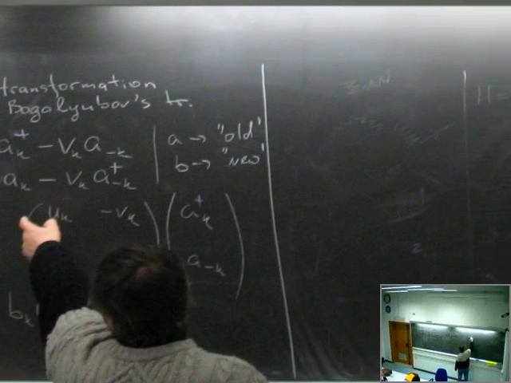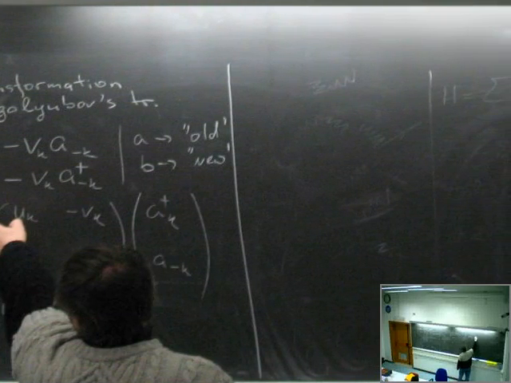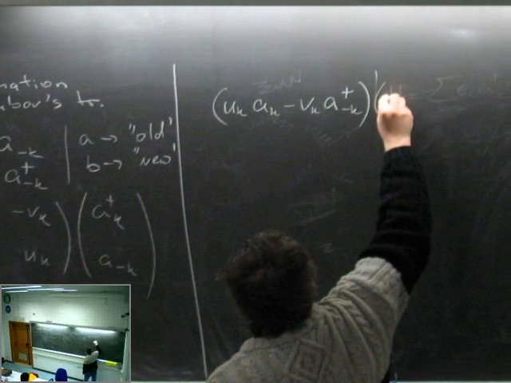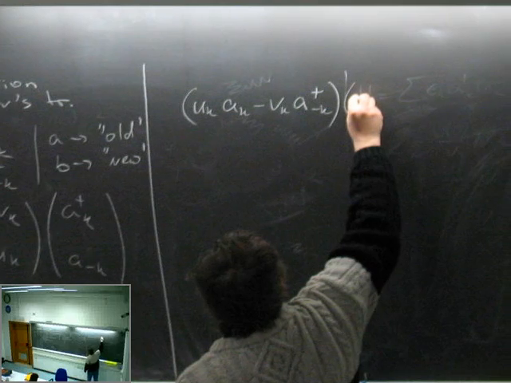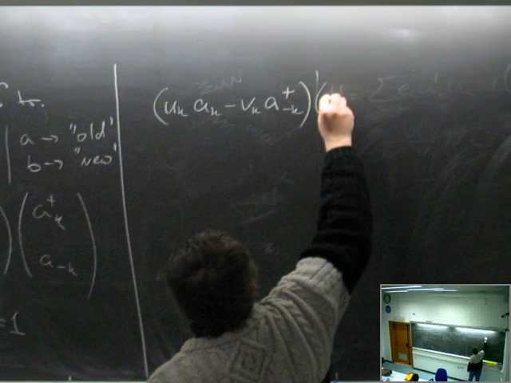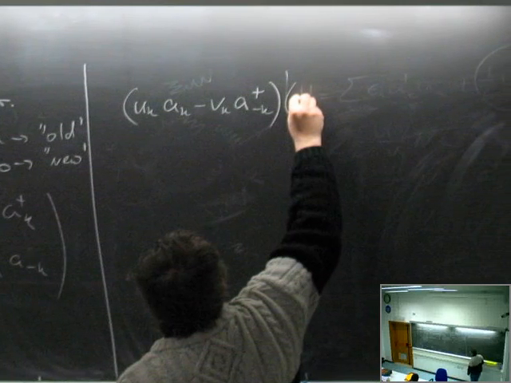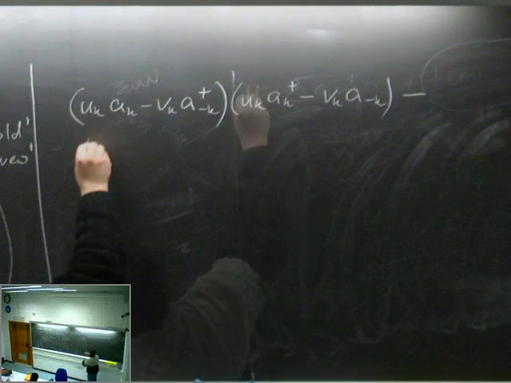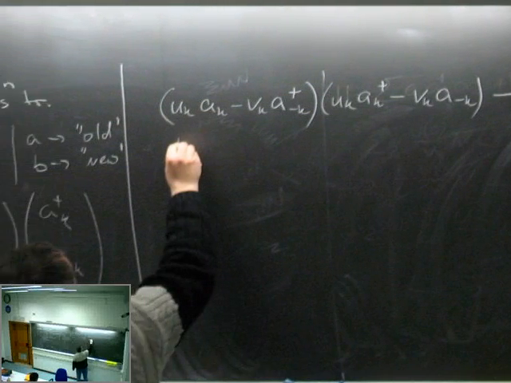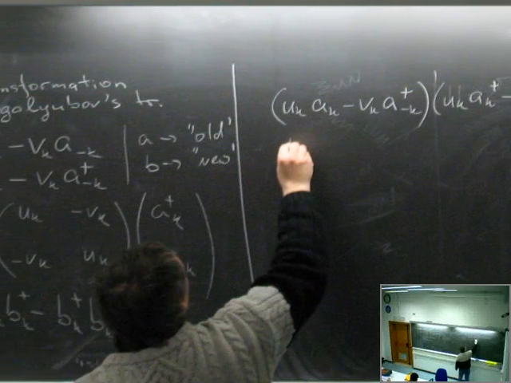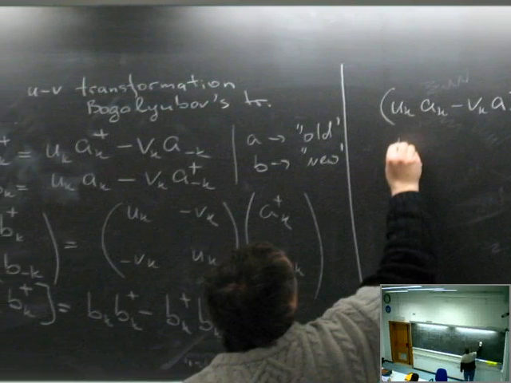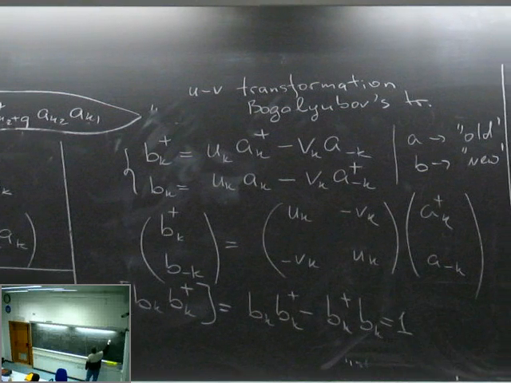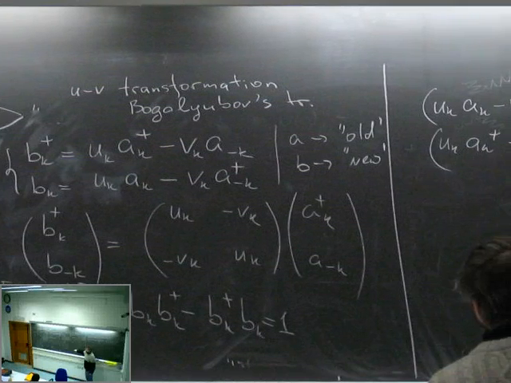So I wrote b_k: U_k a_k minus V_k a_{-k} dagger, and b_k dagger: U_k a_k dagger minus V_k a_{-k}. So this is the left-hand side.